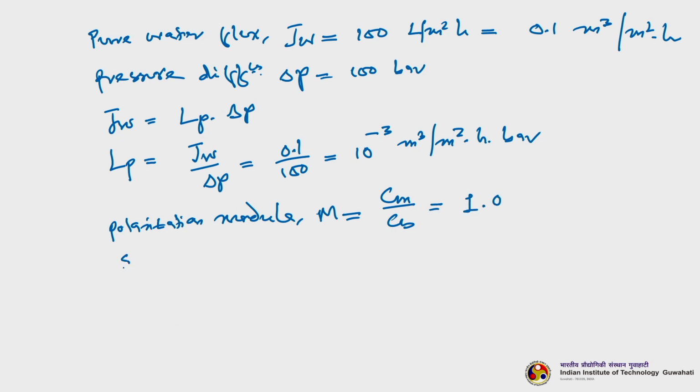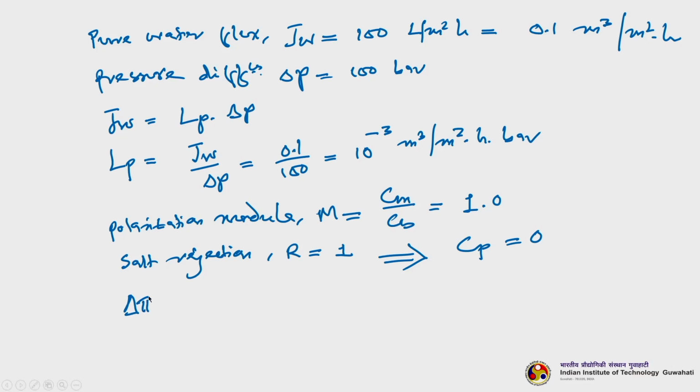It is also given that the salt rejection coefficient R equals 1. When the salt rejection is unity, this indicates Cp equals 0, that means the salt concentration on the permeate side equals 0. So, now we can calculate the osmotic pressure difference, delta pi, between the feed and permeate.